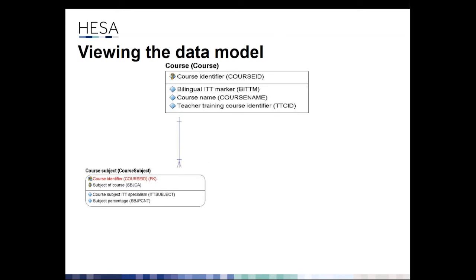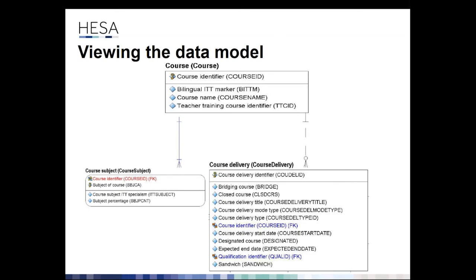So if we bring in another example here, you've got the course delivery, and this one has a dashed line, meaning it's a non-identifying relationship. So the primary key for the course delivery entity is the course delivery identifier. That uniquely identifies that entity on its own rather than identifying it by the course that it's associated with.